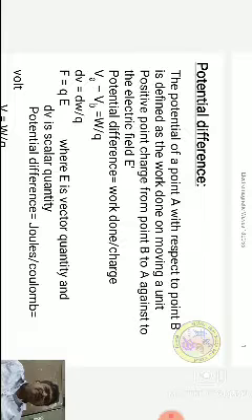Now the potential difference is written as the work done per unit charge.